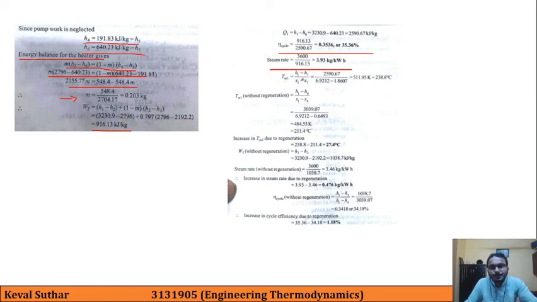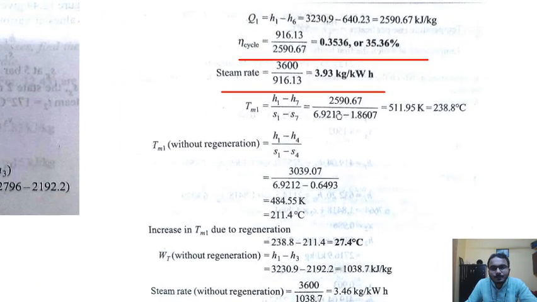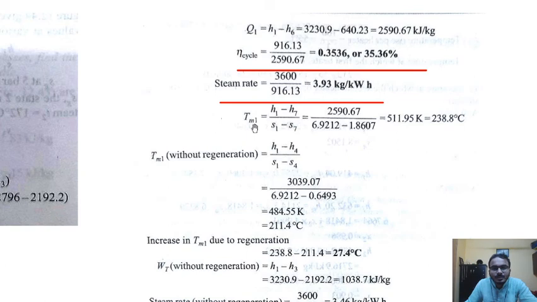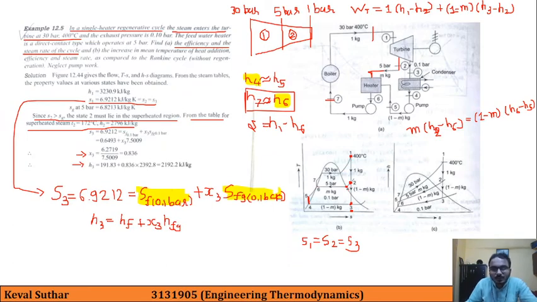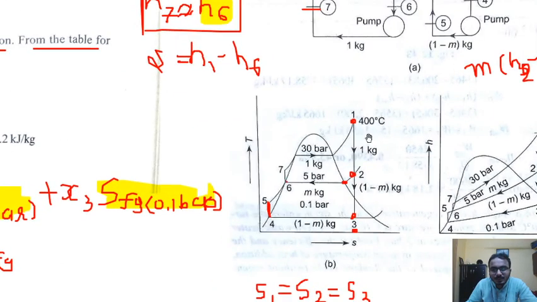Now here, to calculate the mean temperature of heat addition, it will be between 1 to 7. So enthalpy to entropy ratio, that is this, and without regeneration it will be 0.1 to 0.4. That is, if we were not using regeneration, the mean temperature of heat addition will be between 0.1 to 0.4.